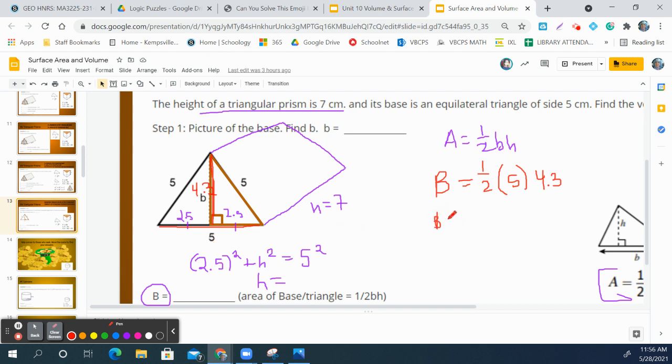So big B is 10.75. And then we know the height of the whole shape is 7, right? So volume equals big B times this h. So that's going to be 10.75 times 7 is going to be my volume.